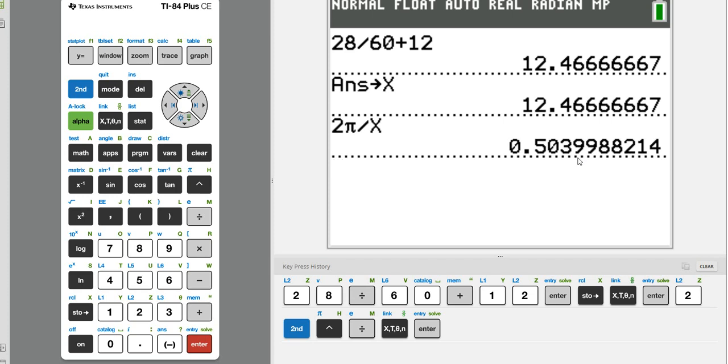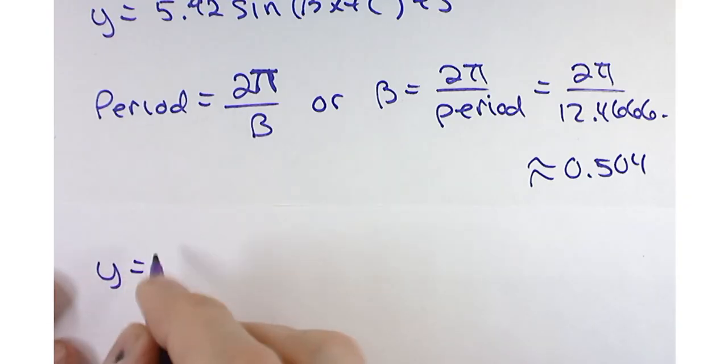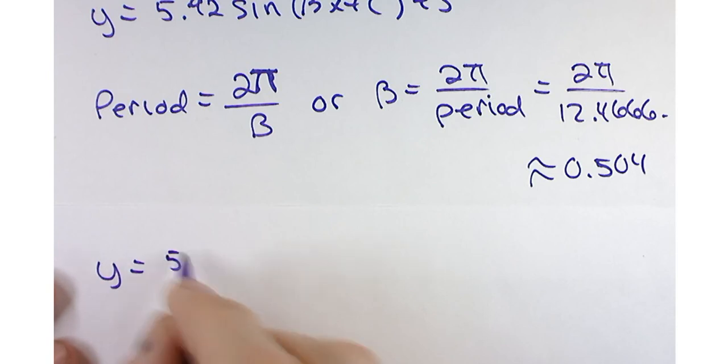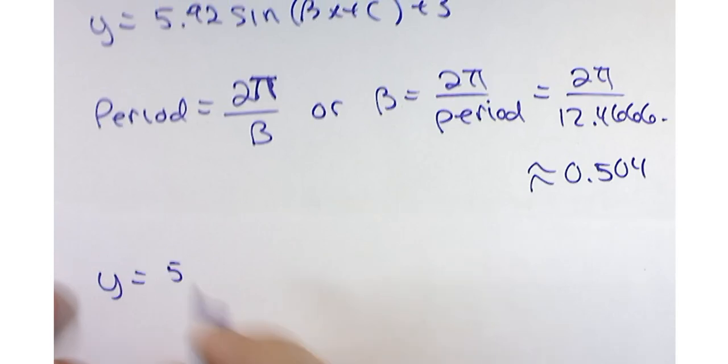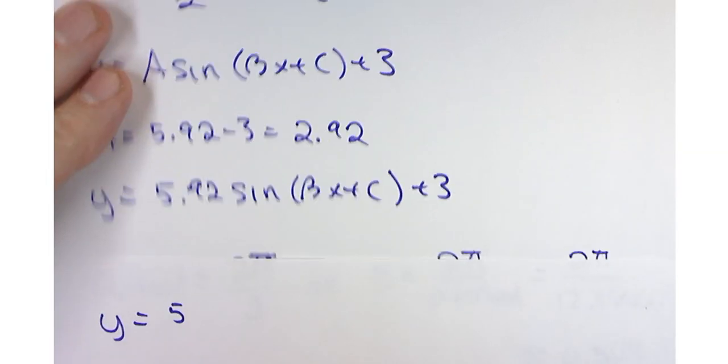And what I want to do is add a little detail here that I didn't add the other day that might be helpful in terms of solving for c. So let me do that now. Updating our function again, we've got y equals 5.92. Let's see, no, 2.92 I should say.